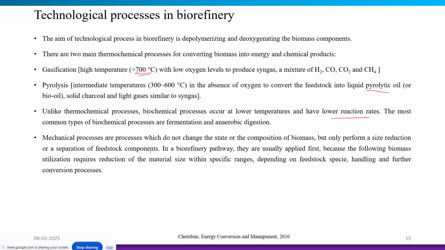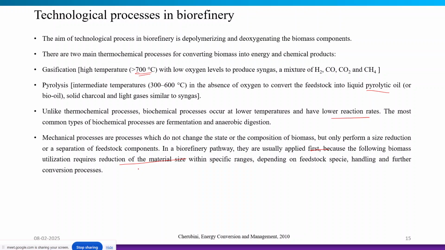Mechanical processes are processes which do not change the state or the composition of the biomass. They only perform a size reduction or separation of the feedstock into different components. In a biorefinery pathway, they are usually applied first because the following biomass utilization requires a reduction in material size.